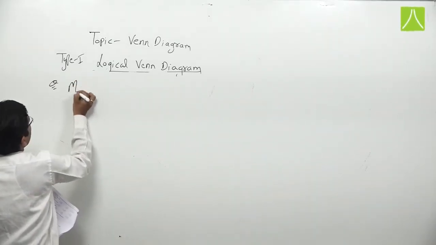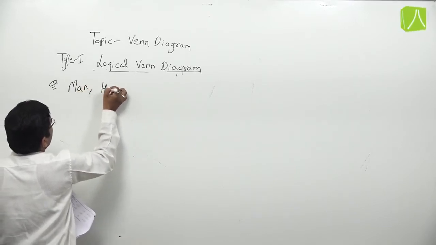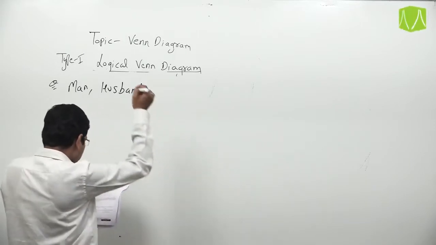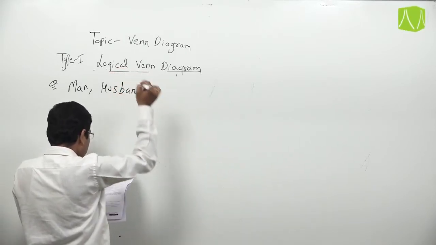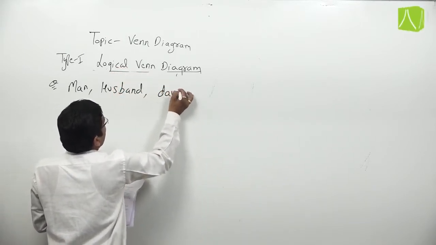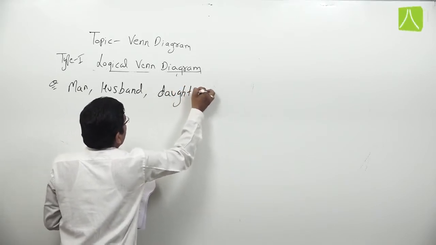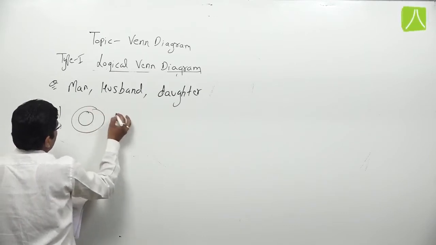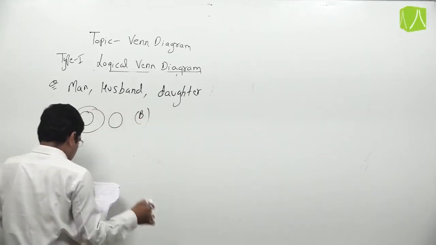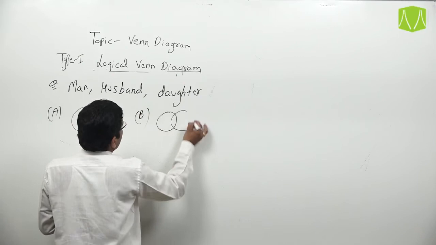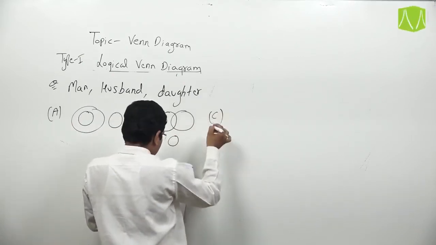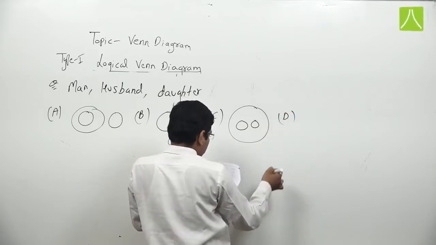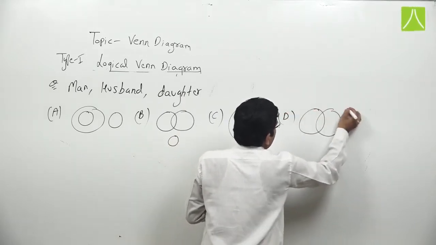Next example. Man, husband and daughter. Our first option, second option, third option and fourth option is this.